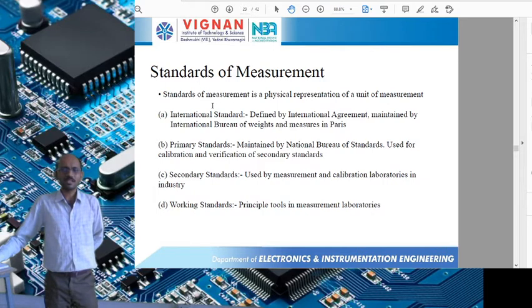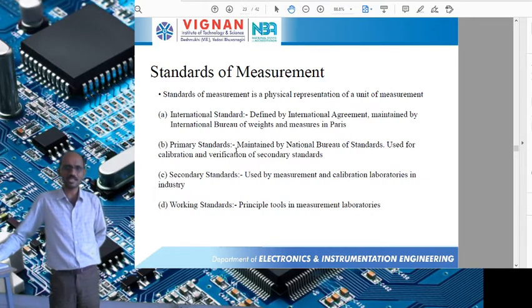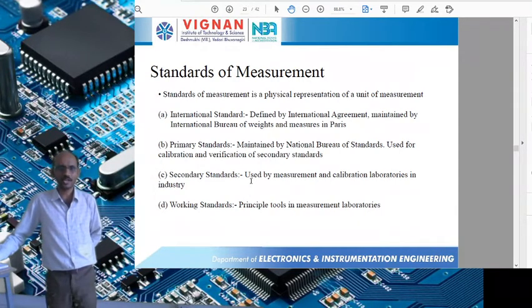Okay. So there are committees for these standards, like the International Bureau of Weights and Measures. Coming to primary standards, these are the standards maintained by each country in the world. In India, these primary standards are maintained by the National Physical Laboratory, NPL, which is in Delhi.